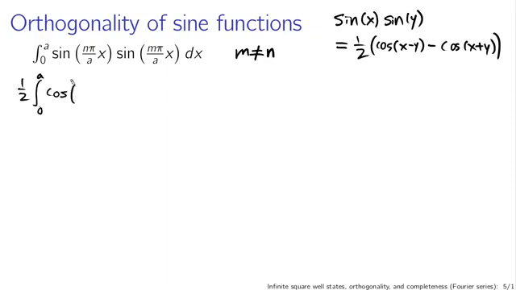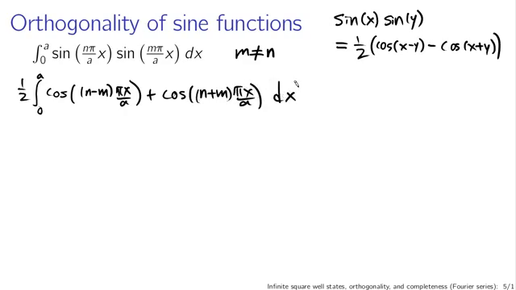And we're going to have a cosine of n minus m pi x over a plus cosine of n plus m pi x over a, all integrated dx. This is now an integral you can do. It's just an integral of cosine.